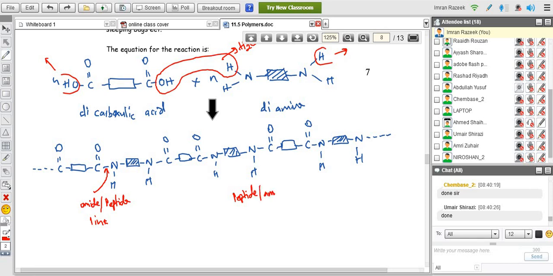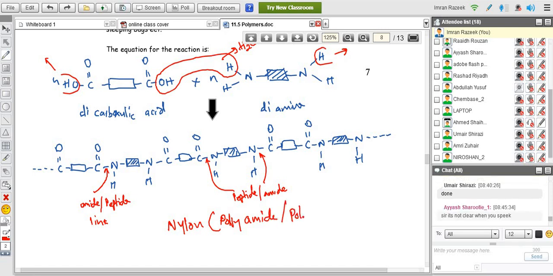This is the peptide, the amide link. So this is the structure of nylon. Nylon therefore is known as polypeptide or polyamide.